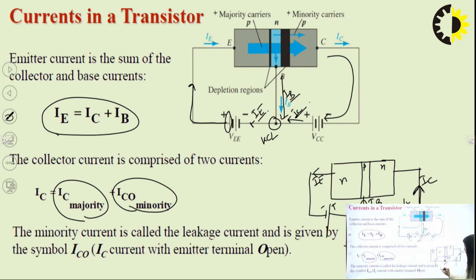So here I can write IE is equal to IC plus IB. This is also an important point: IC plus IB is equal to IE. So if it is an NPN transistor, then also we can take the direction of the current in this way.